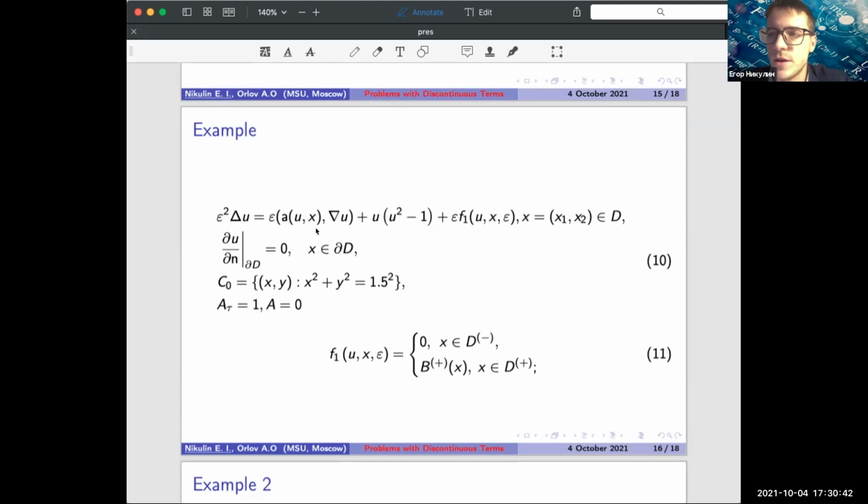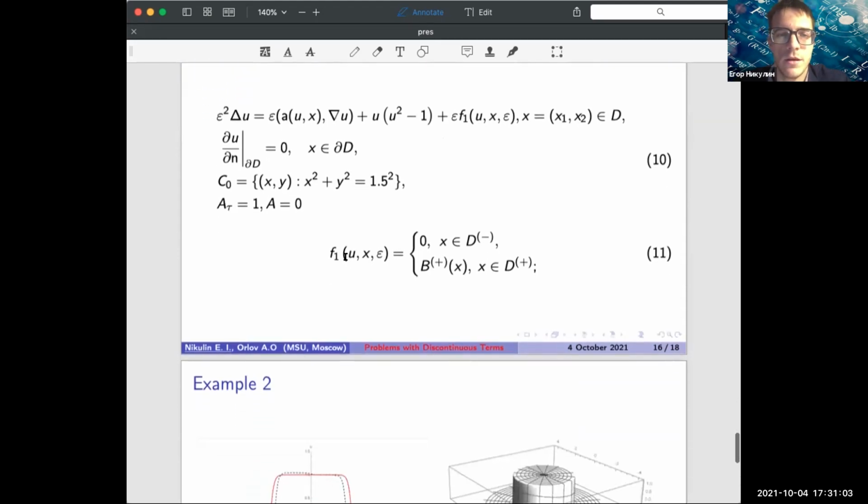This is a vector. For simplicity, we choose it so that the tangent component of this vector is equal to 1, and the normal component, which is called A, is equal to 0. The function f1 is chosen to satisfy the necessary conditions.